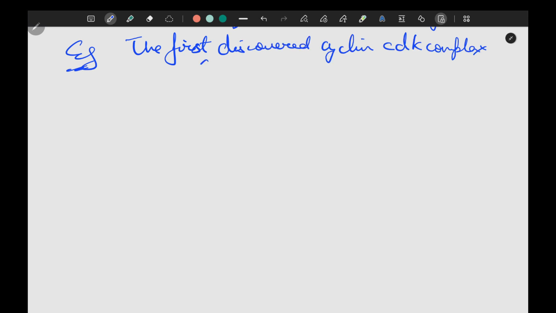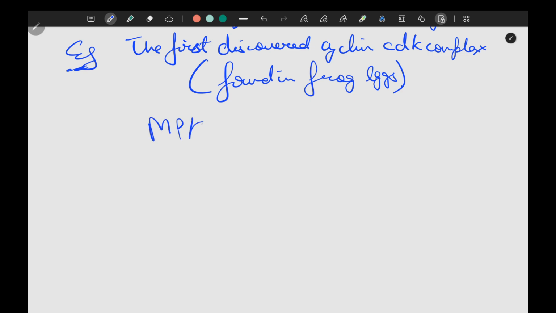Now, the first cyclin-dependent kinase complex discovered was found in frog eggs. There is one thing called MPF, which is known as maturation promoting factor.